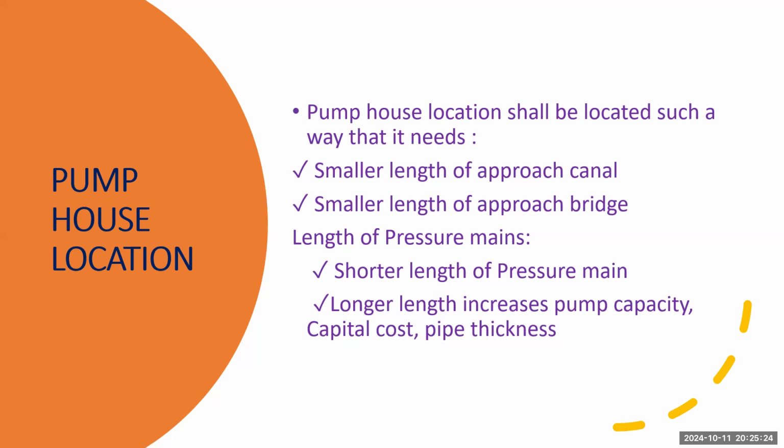Also, if the length is longer and pump capacity is higher, the thickness of pipe required is also large, and it also increases the operating cost. So while selecting the length of the pressure main, care should be taken that it has a shorter length so that it will improve the overall economy of the project.